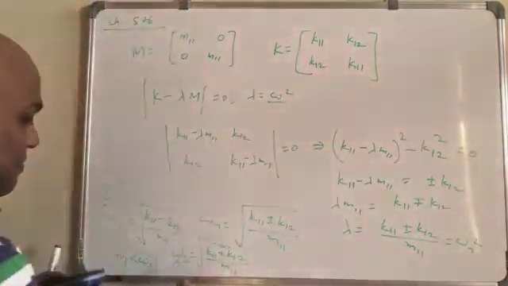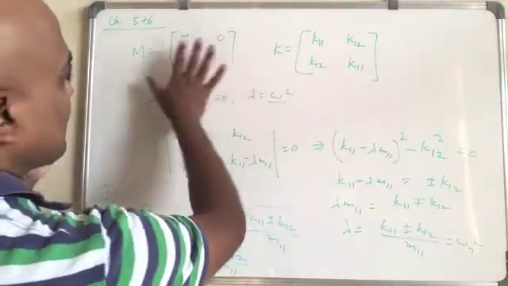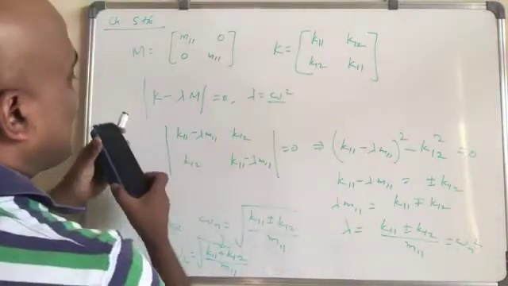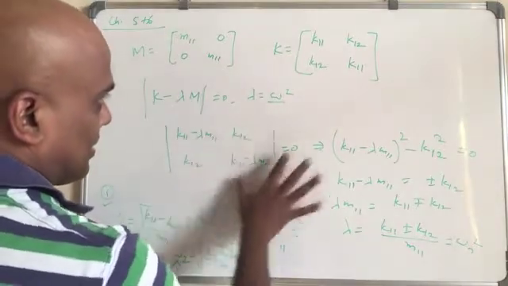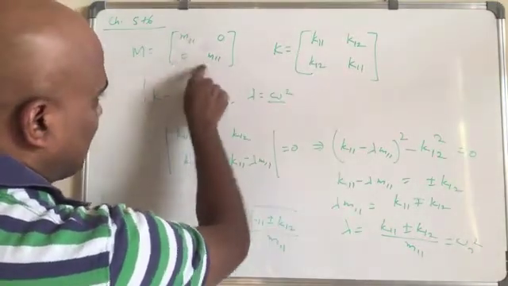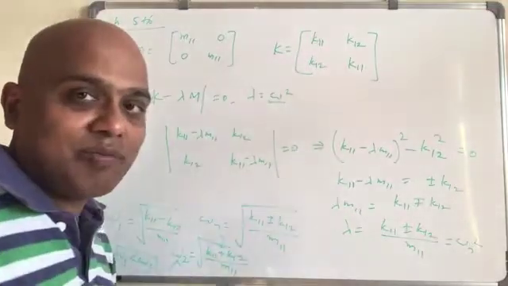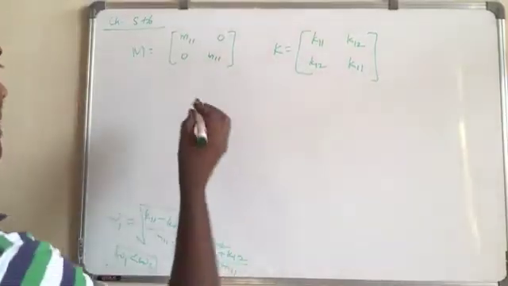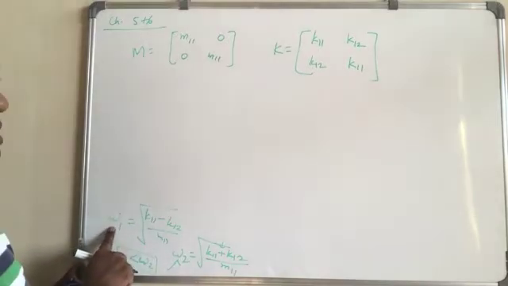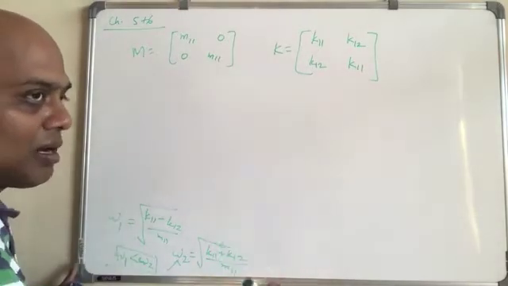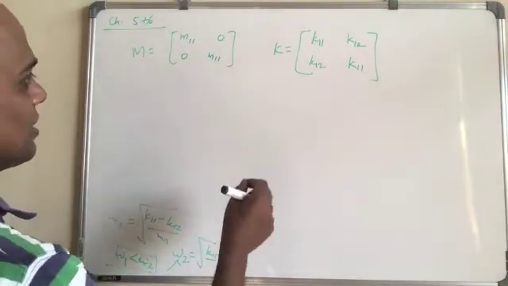This problem will be the same kind of problem, where m will be of the same form, k will be of the same form, and from there we have to find out.